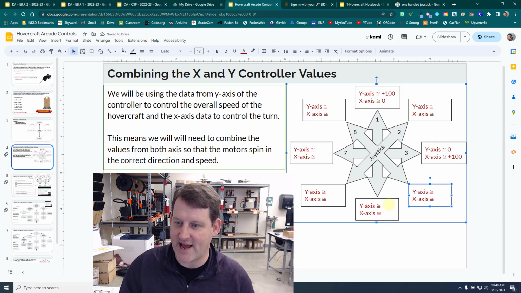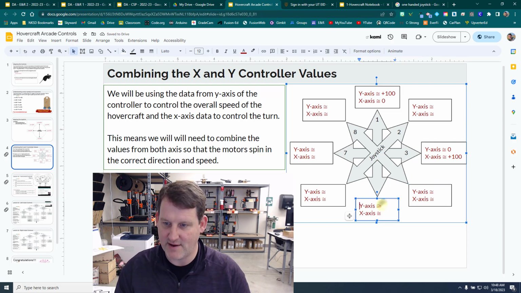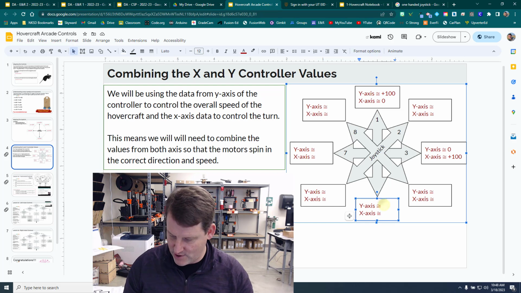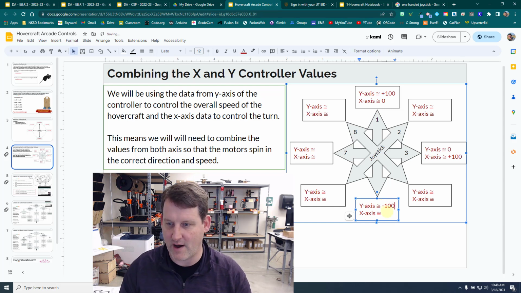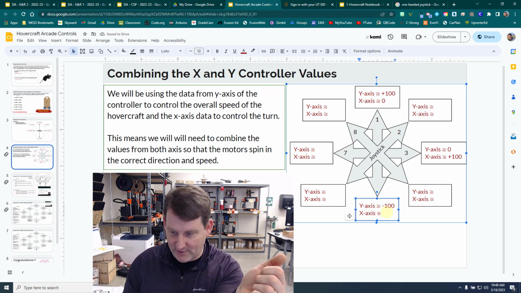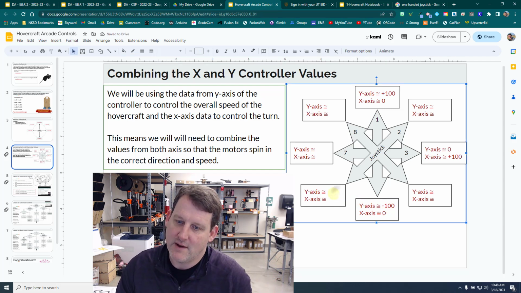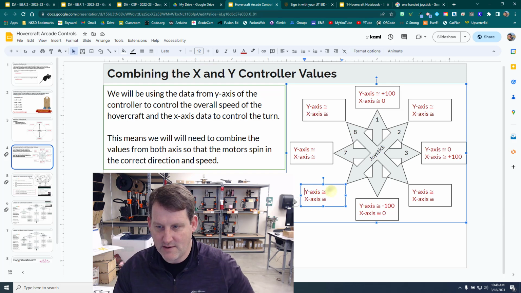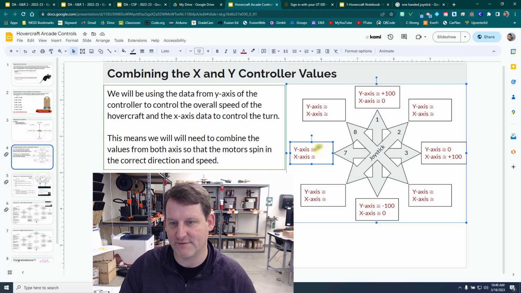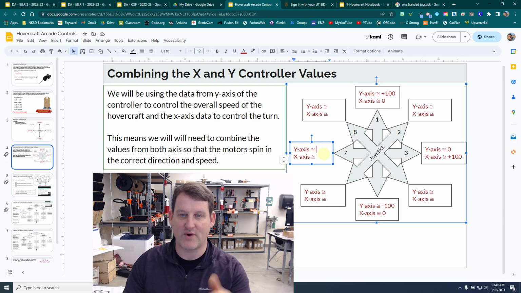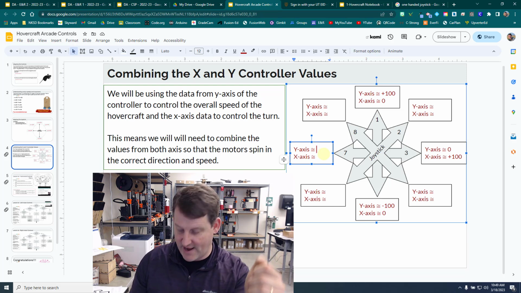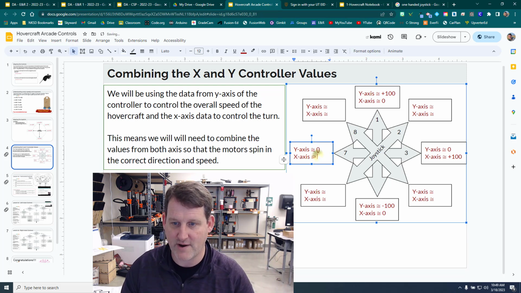Okay, and then down on this bottom one, if we pull straight back, we get -100 for the y, and because we didn't go left or right at all, we get 0 for the x. Awesome. And now let's go on the far left one first. Here we're going straight to the left, no up or down, so 0 for the y, and -100 for the left and right.